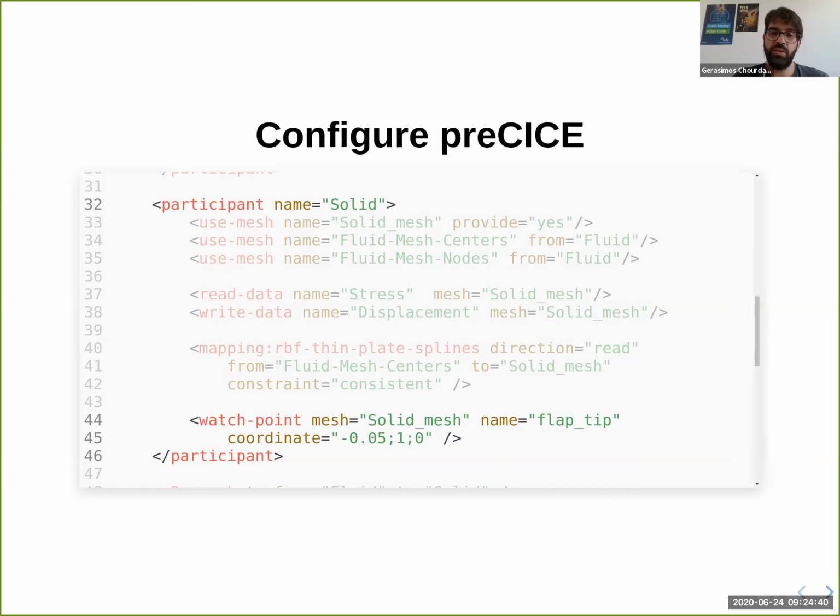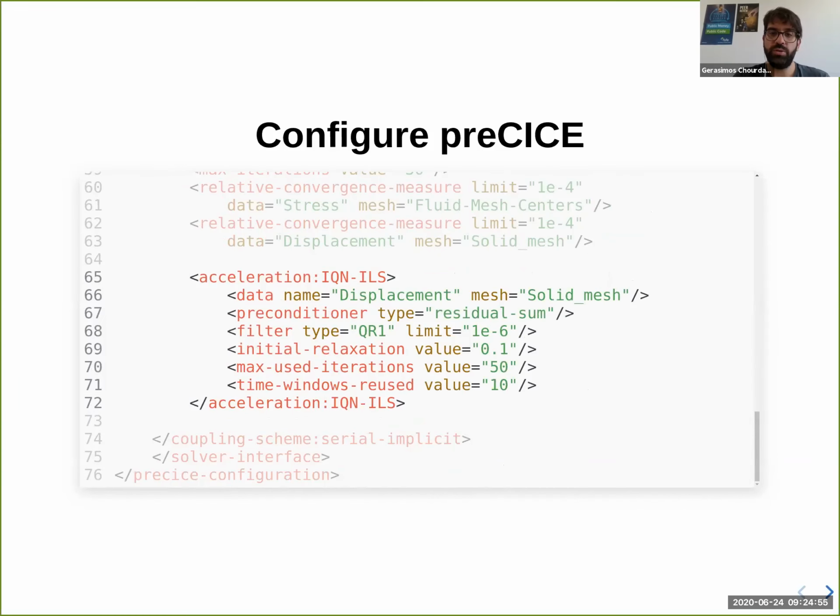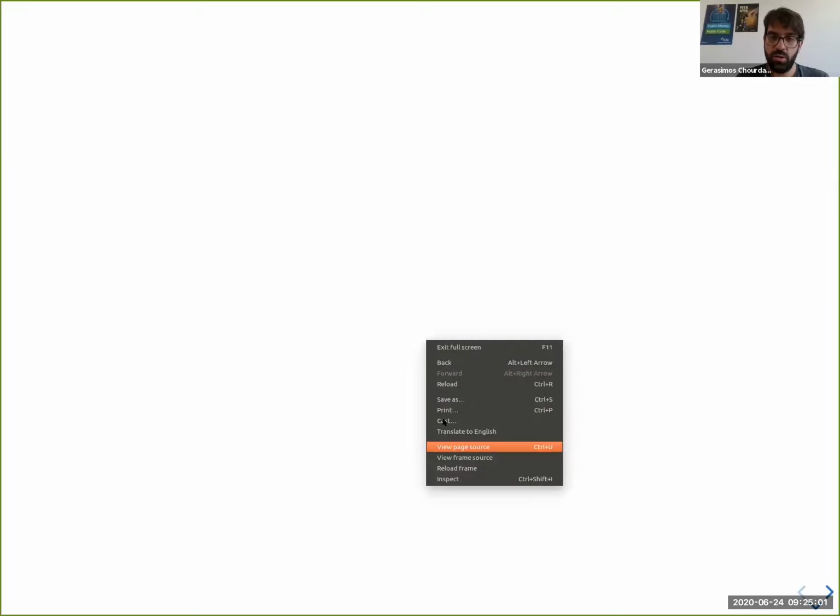Here we define this watch point to be on the tip of the flap. Other features that you can use is also to export the complete meshes and see how the mapping works, but I'm not going to discuss this today. Then we are using again interface quasi-Newton, and let's see what's happening.